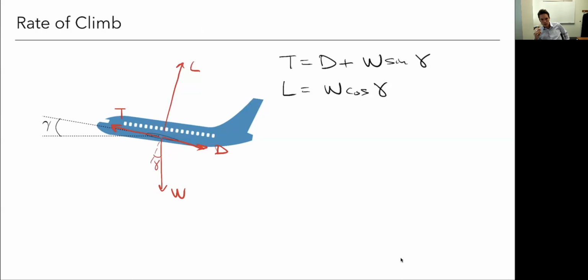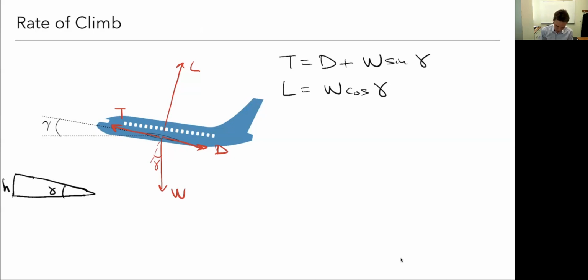And I want to figure out how fast I can climb. So how do I relate that? How fast do I climb? This isn't an angle, how fast I'm climbing is a speed, right? So if I have this angle here, here's gamma, right? This is how high I'm going per unit time.